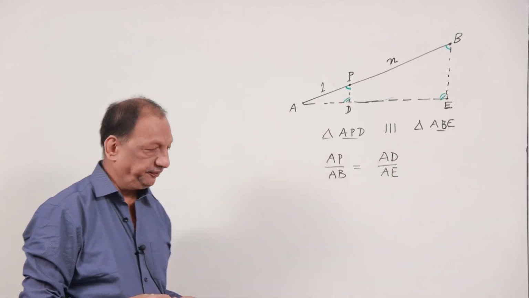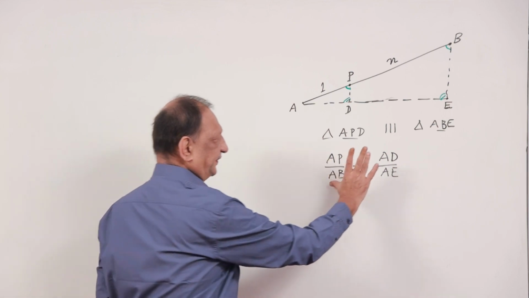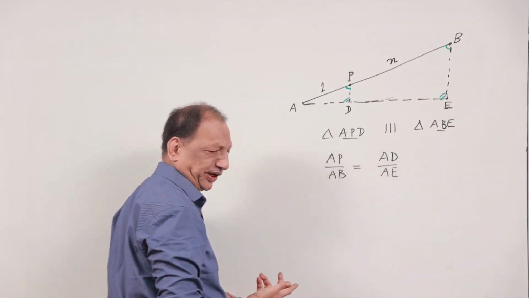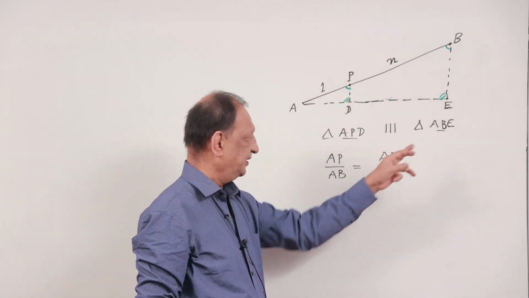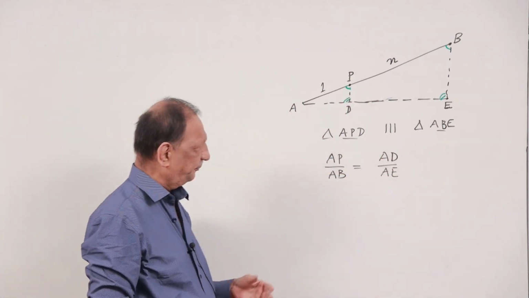That's the correct way of writing it. I always write this by exchanging the numerator and denominator, doesn't matter. You could also write it as AP by AD is equal to AB by AE also, doesn't matter.